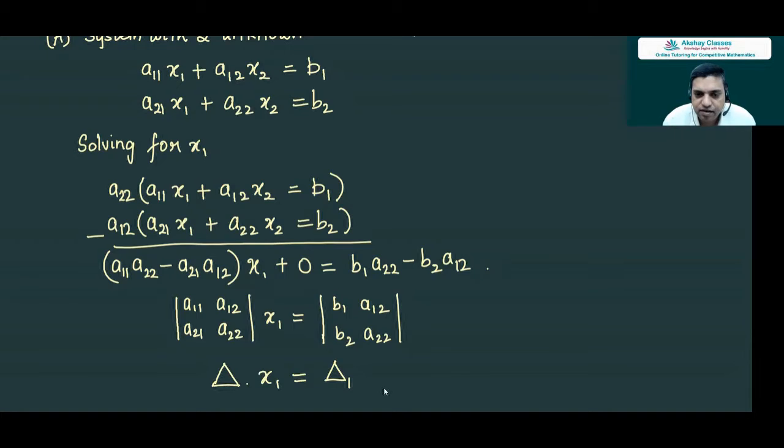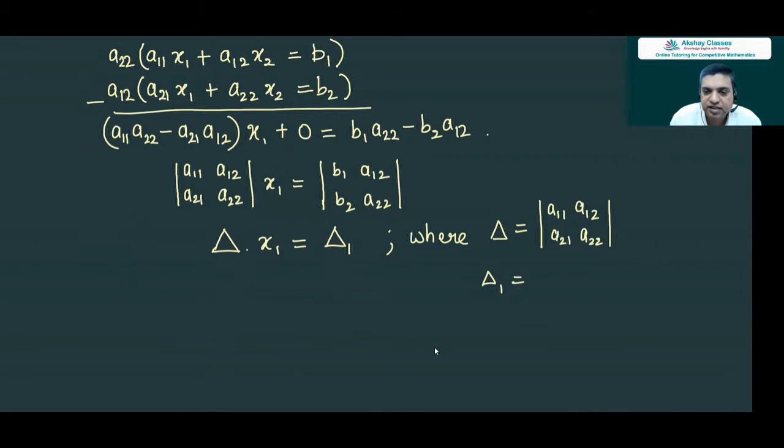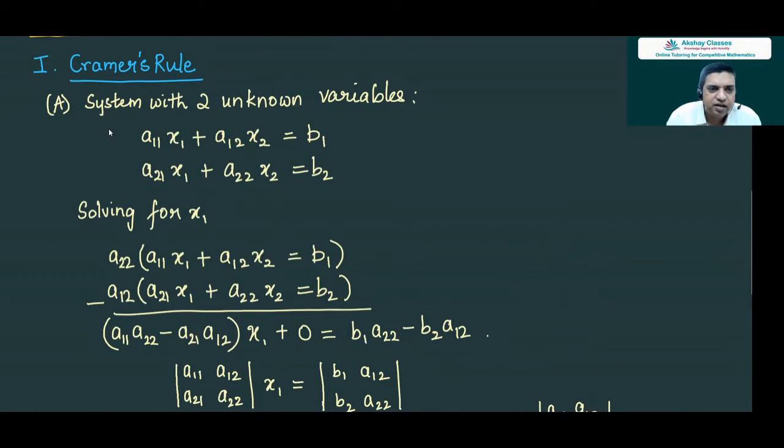That's what we get here, where delta is the determinant of a11, a12, a21, a22, and delta 1 is obtained by replacing the first column of delta by the constants. Now, this was solving for x1. Now let us solve for x2 in a similar way.